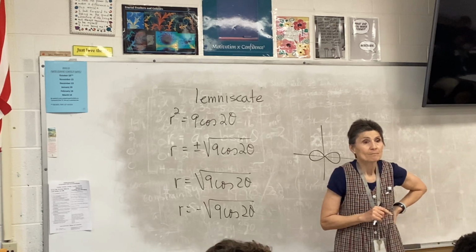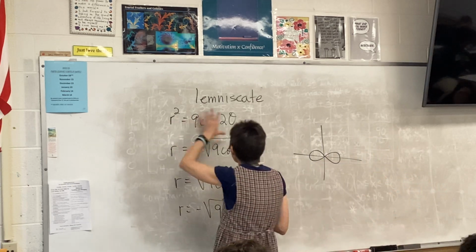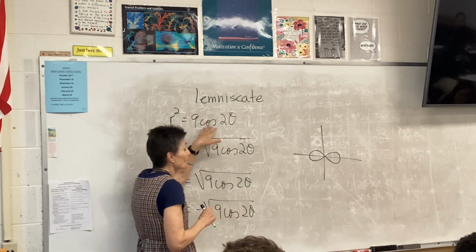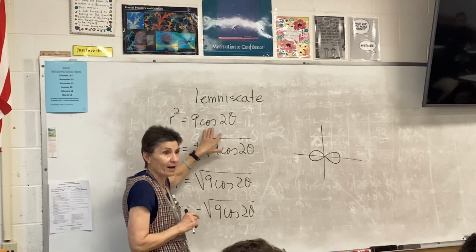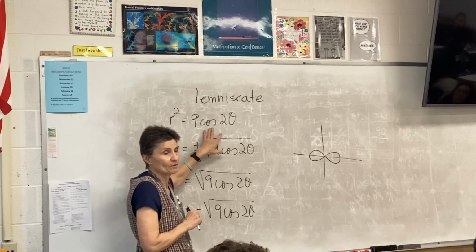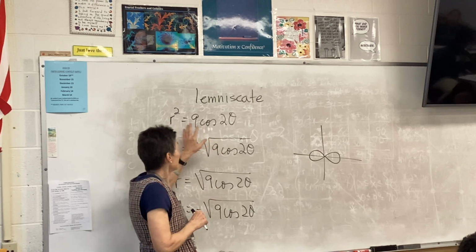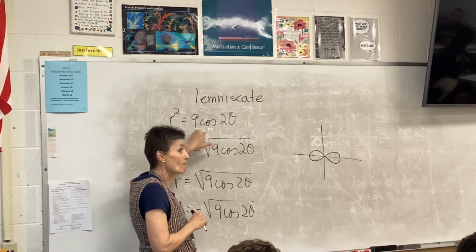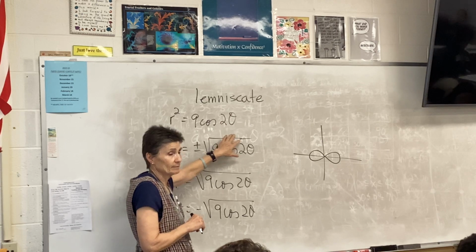So a lemniscate is always going to be this style of equation. Now, could I make this a sine? Absolutely. If I make it a sine, then guess what happens to my figure 8? It rotates, okay? It's always going to be r squared equals a number, sine or cosine, 2 theta.